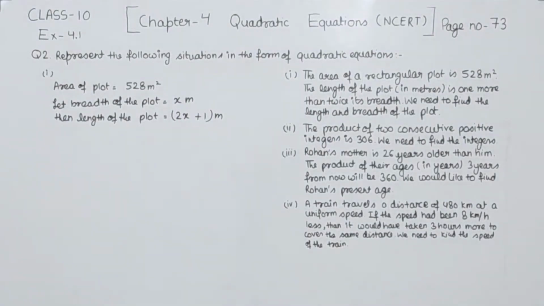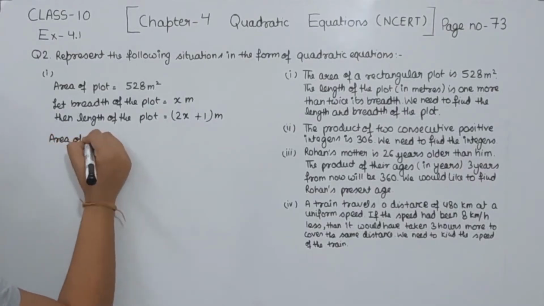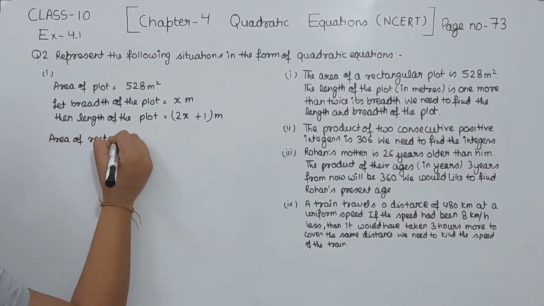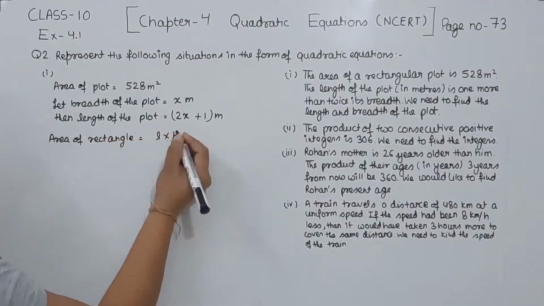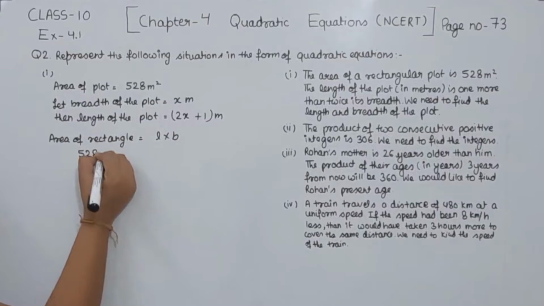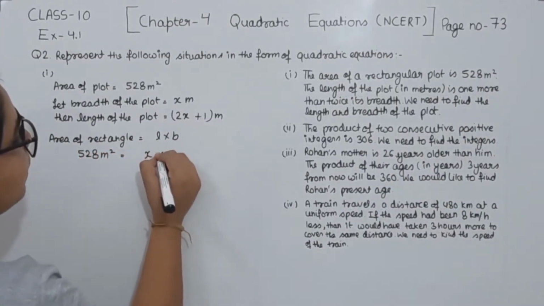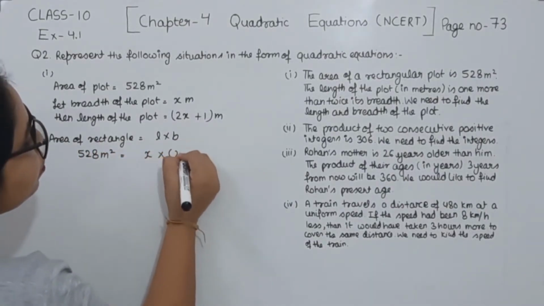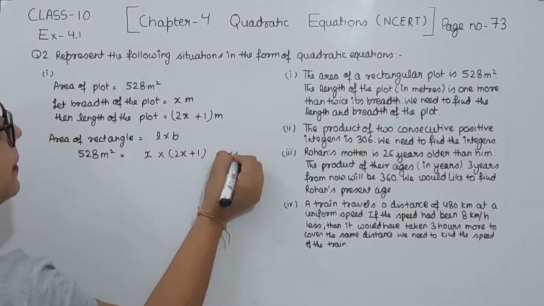Now we have to find the area. So area of rectangle is equal to L into B, that is length into breadth, and the area is 528 meter square, and the length 2x plus 1 meter is multiplied by x meter.